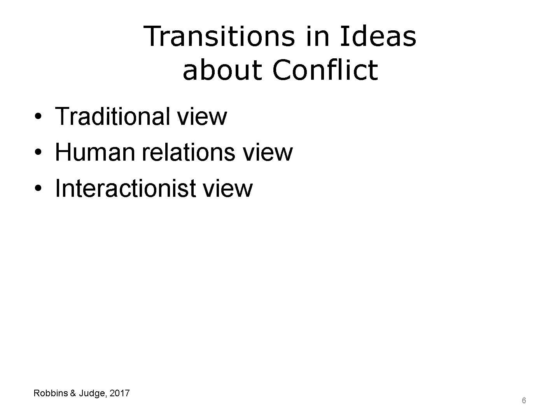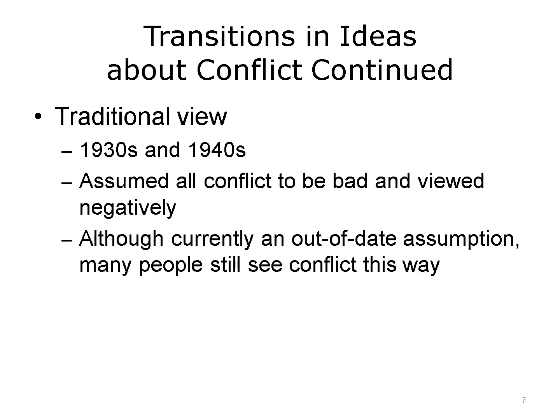How individuals and organizations view conflict has evolved since the early 1930s through three distinct phases or views. These are the traditional view, the human relations view, and the interactionist view. Let's look at each of these more closely. The traditional view existed during the 1930s and 40s and saw conflict as being destructive and something to be avoided.